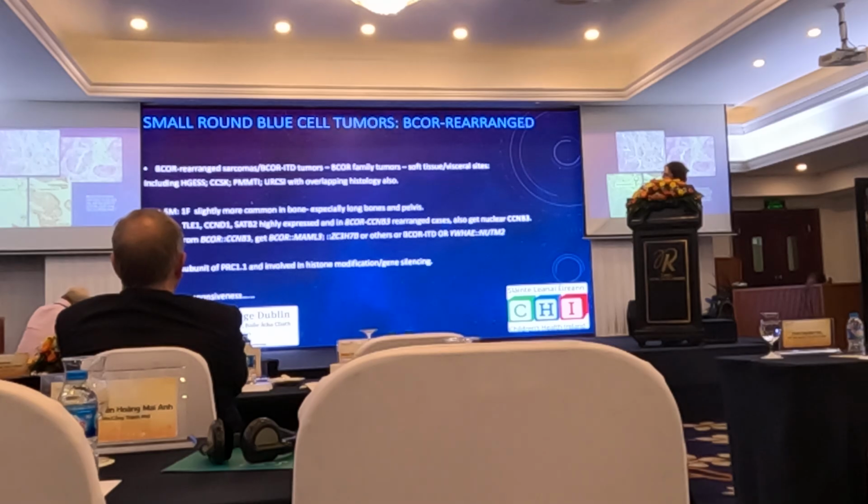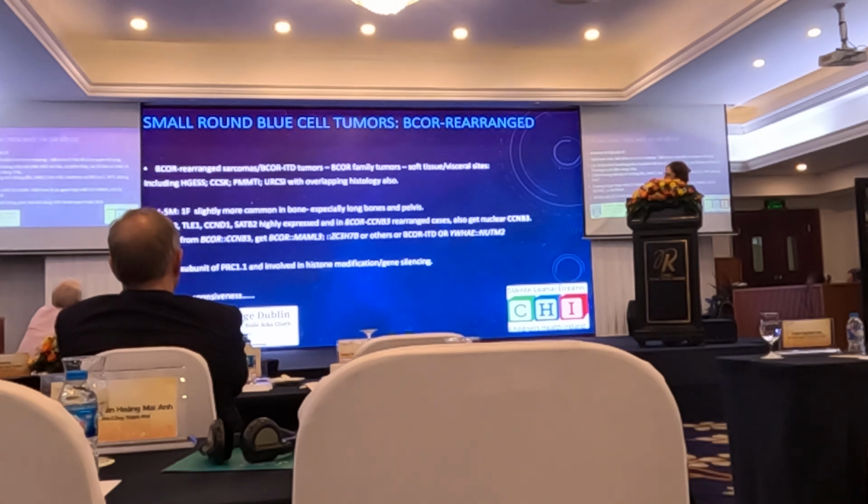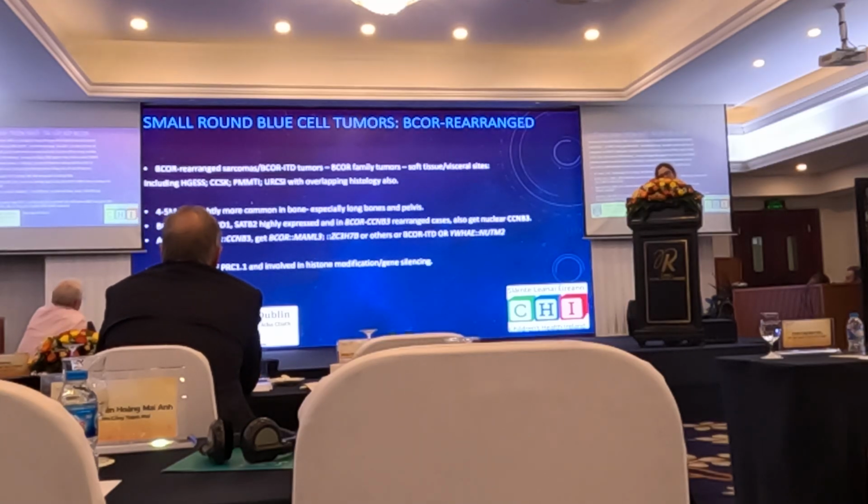And then the fourth category, again small round blue cell, is the BCOR rearranged group. BCOR rearranged sarcomas may have a translocation where BCOR is rearranged typically with CCNB3, or we may have an internal tandem duplication of the BCOR gene. This actually underpins a whole host of different tumours, not all of which are small, round and blue.